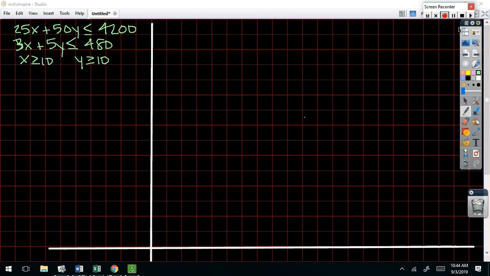I would cover up on this one and find the intercepts. So for the first one, I would do 25x equals 4,200. What did we say that was? 168.